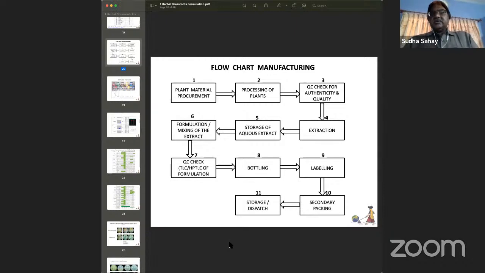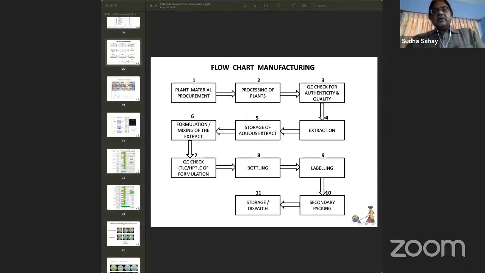There are different ways of processing botanical material depending on how the innovator has done that. We need to do the processing for that practice to get similar kinds of results.